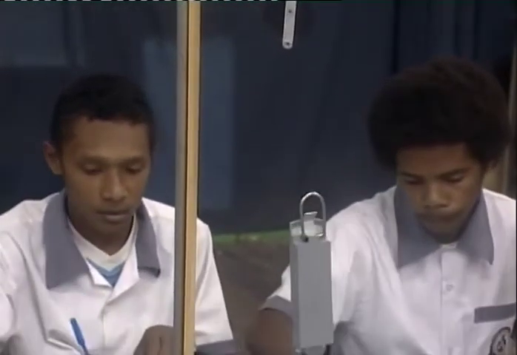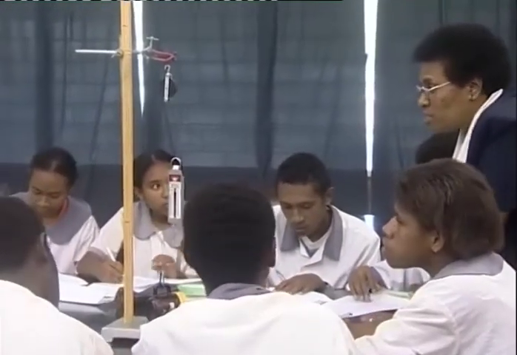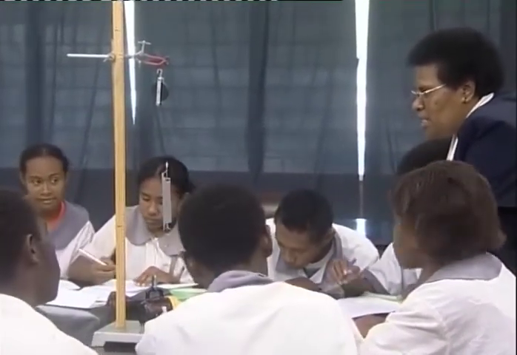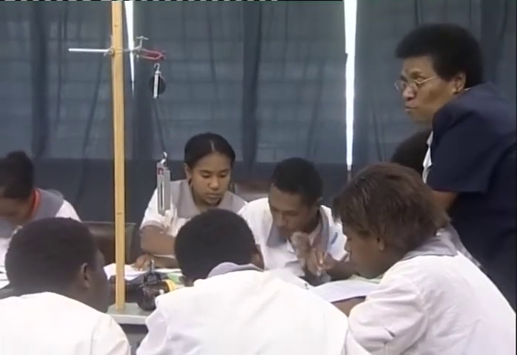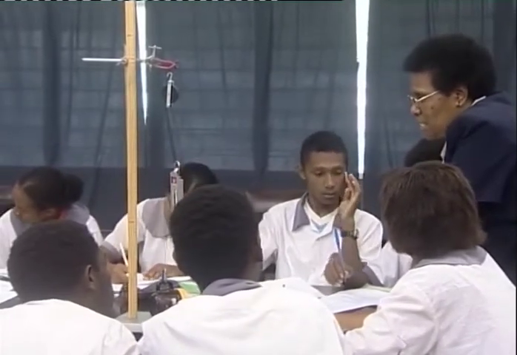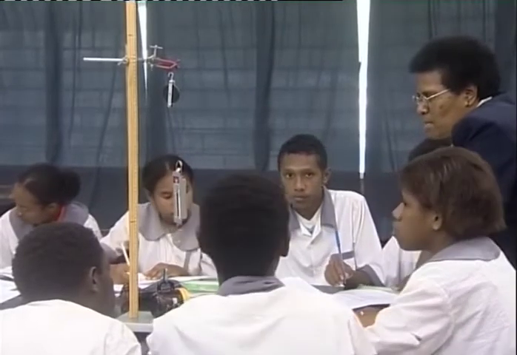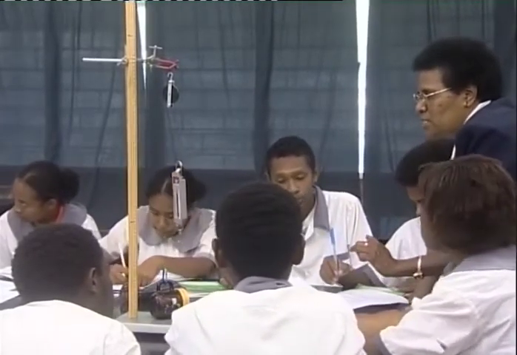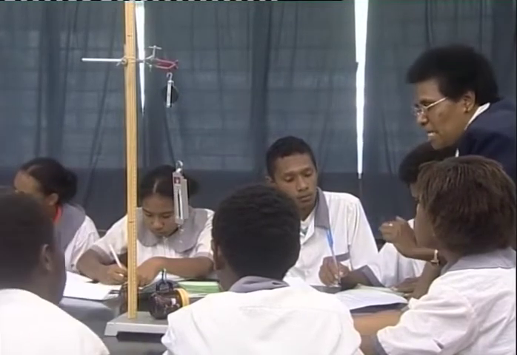So 25 what? 25 centimeters. But you have to convert that 25 centimeters to meters, because 10 centimeters is equal to 0.1 meter.